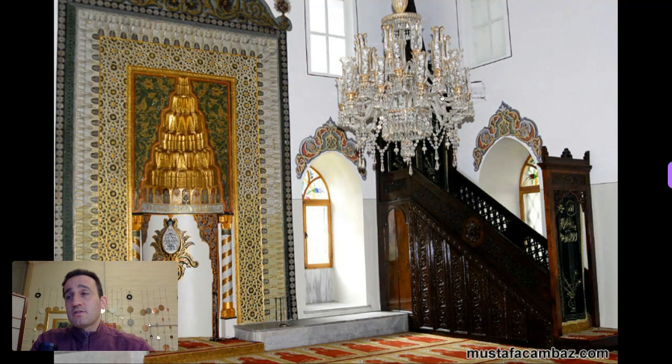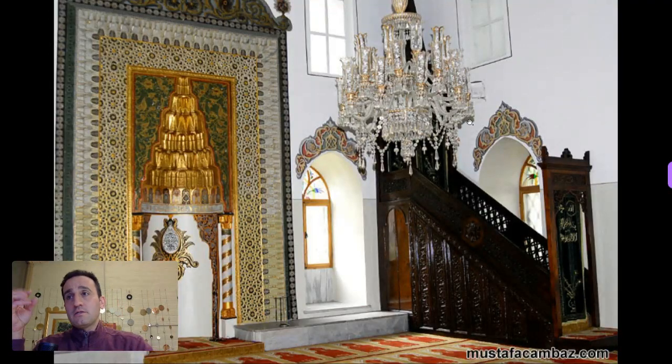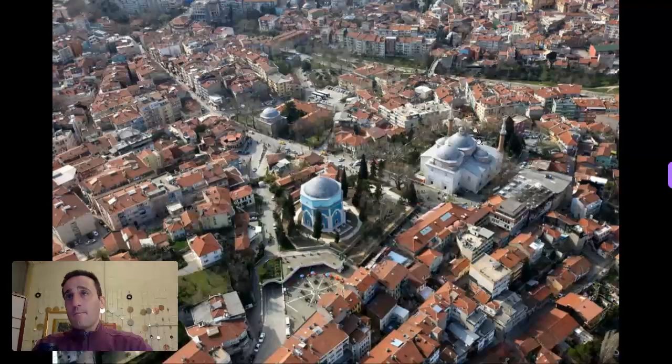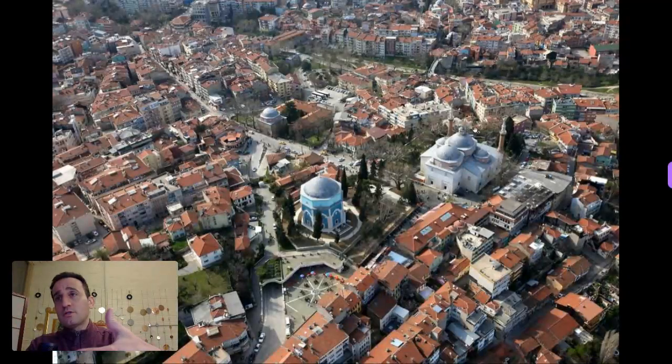This is access to a second floor. The Orhan Ghazi Kami is unique amongst mosque architecture in the Ottoman Empire in that it actually has a secondary space that overlooks down over the religious space. The secondary space doesn't have a religious function.